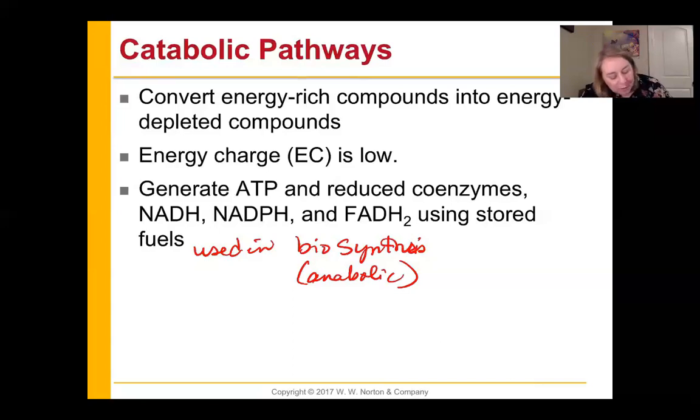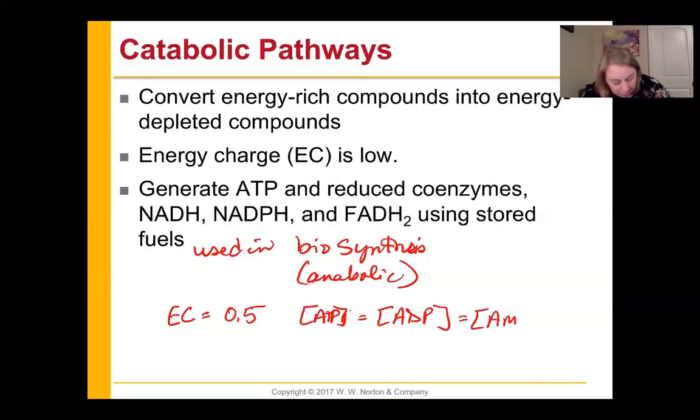So if you think about the energy charge of the cell, right? If the energy charge of the cell is equal to 0.5, what that is telling us is that our concentration of all three molecules is equal, right? But is that really what we want?